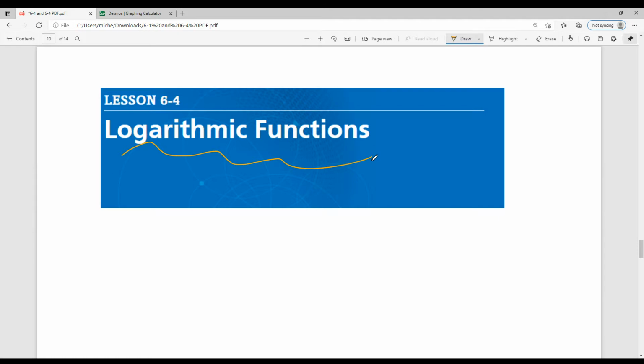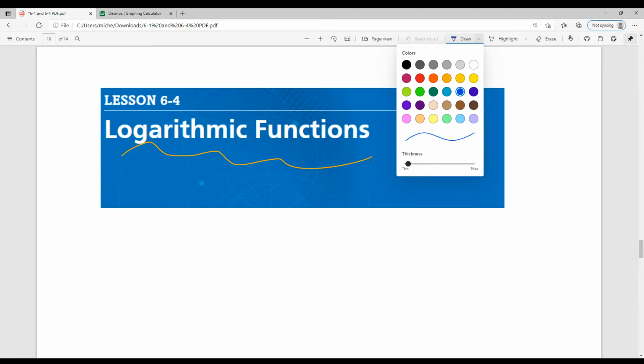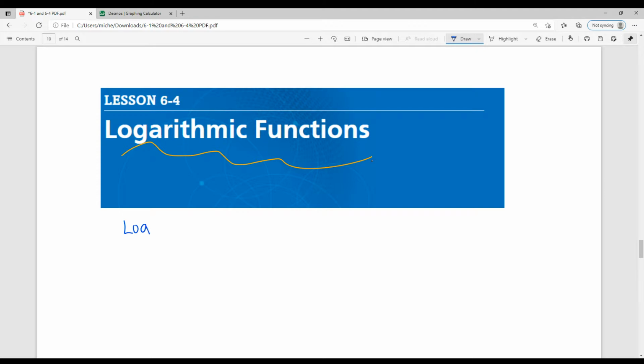We will study log functions more in depth as we go, but for today, besides what they look like and how to graph them, all you need to know is that log functions are the inverse of exponential functions.